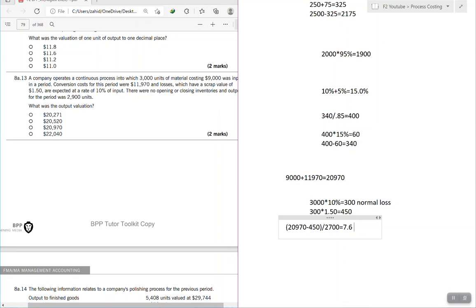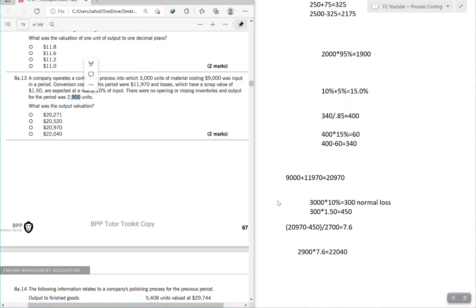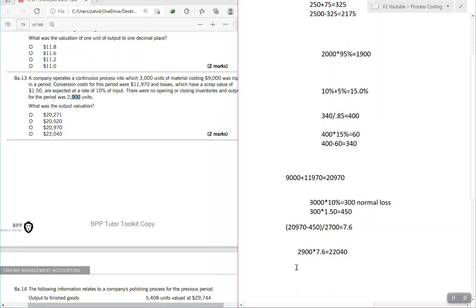If our output is 2,900 units, we valued it at 7.60, that means 20,040 would be our answer. And in this case, remember, we have normal loss, abnormal gain of 200 units, which is 2,900 minus 2,700.